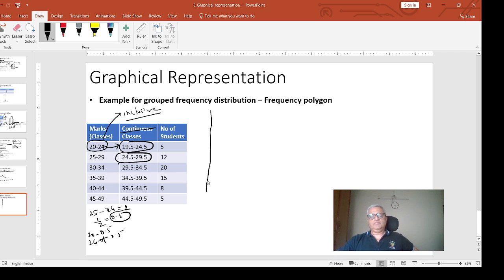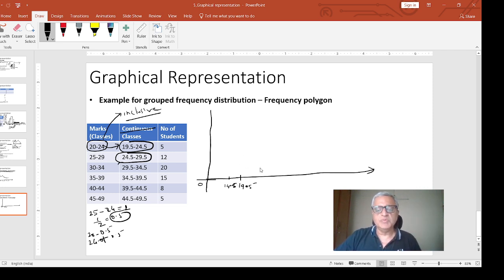So let me quickly depict this graph. Now this is 0. Now look at this. The first class starts from 19.5. Correct? So I can take 14.5 here, which would be the lower of the previous class probably. Okay, then we have 24.5, we have 29.5, 34.5, 39.5, and 44.5.